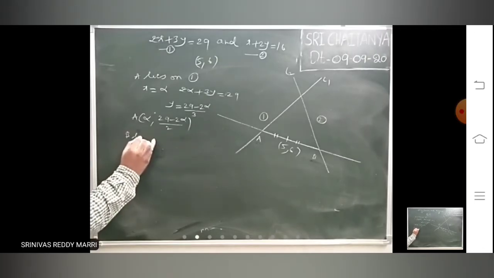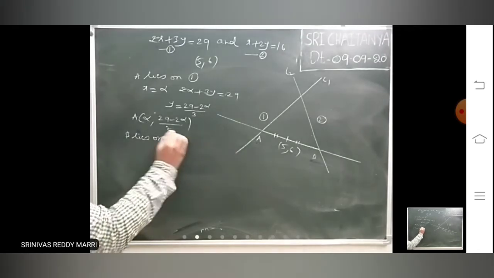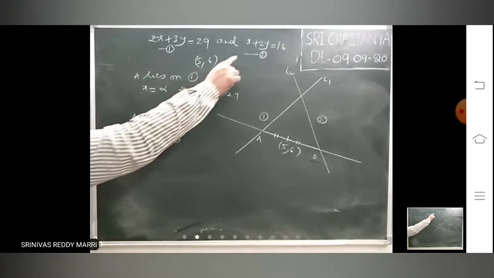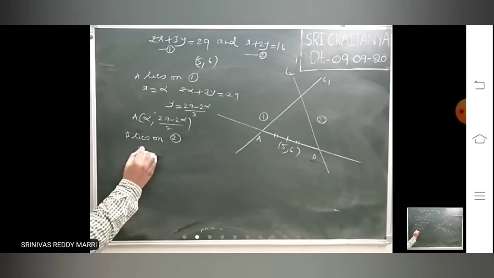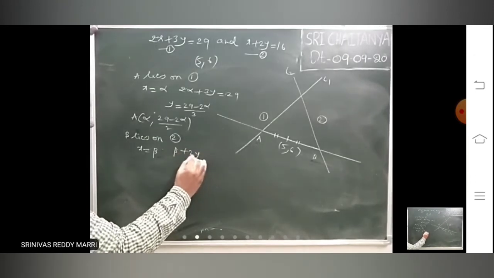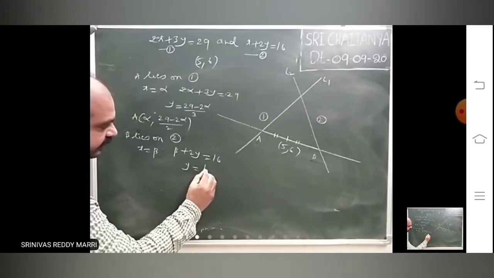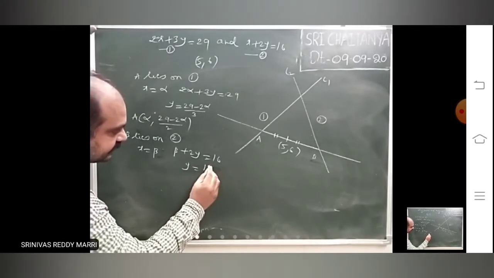So clearly, B lies on L2. Now I am taking x equal to beta. X equal to beta means beta plus 2y equal to 16, so y is nothing but 16 minus beta by 2.